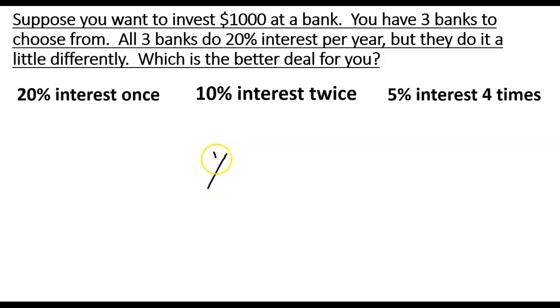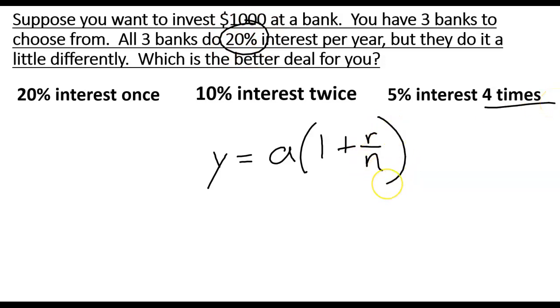It's y equals your starting amount, which is A, parentheses, 1 plus the interest rate, but divided by however many times you want to split it up in the year. And however many times you do that in the year, that's how many times you're multiplying that growth factor.